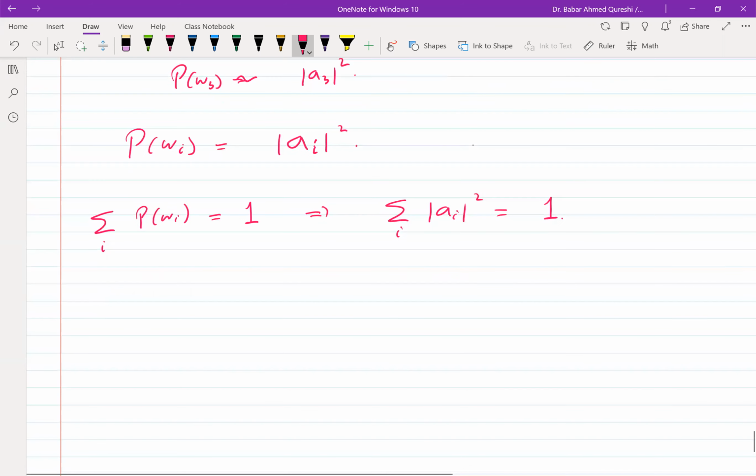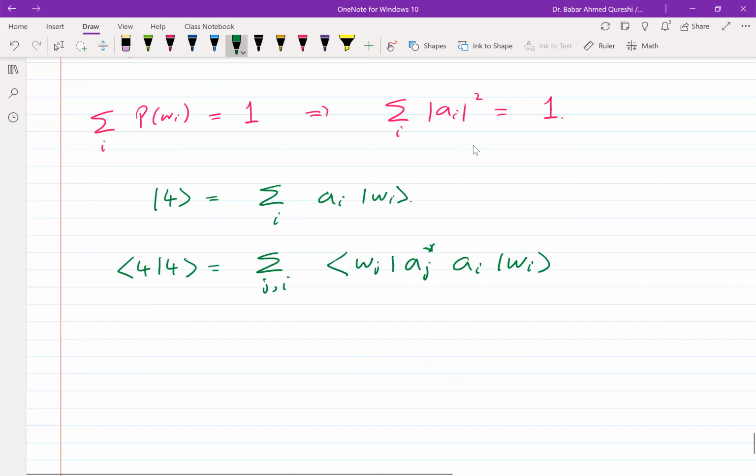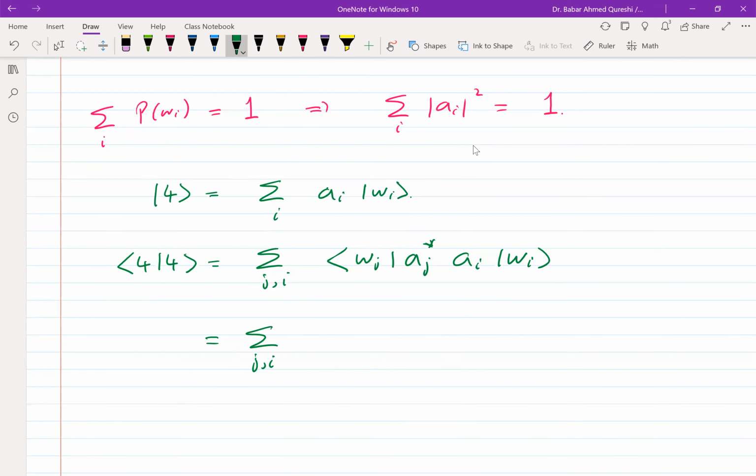So what would that mean? That would mean that if I write it like this, and if I compute this norm, this is delta ji.